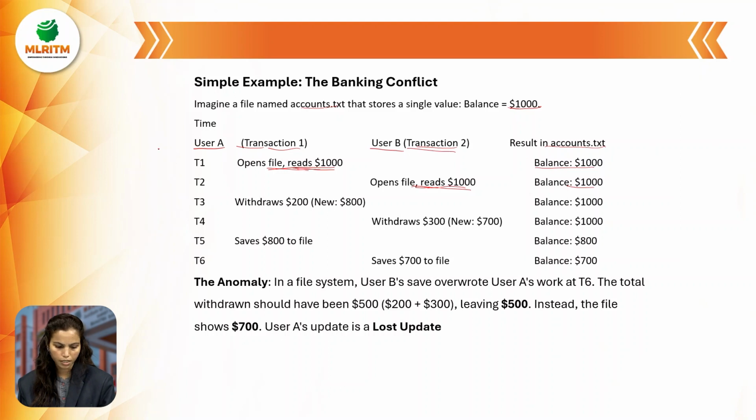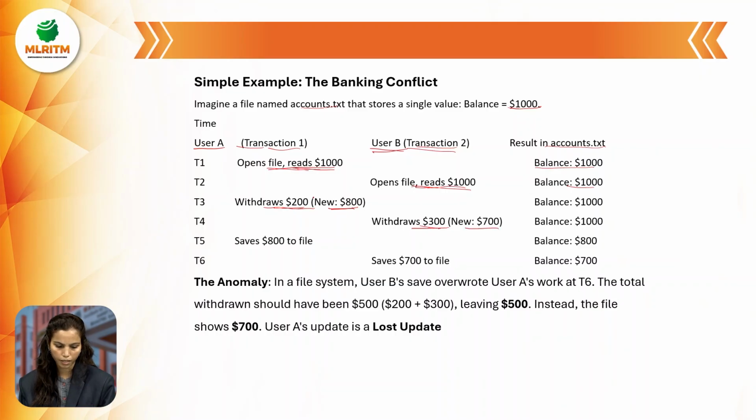The next state, user A in the transaction stage withdraws $200, and from 1,000 it is deducted by $200, so it will be $800. Whereas in the next transaction 4, user B withdraws $300 and the remaining balance is $700.